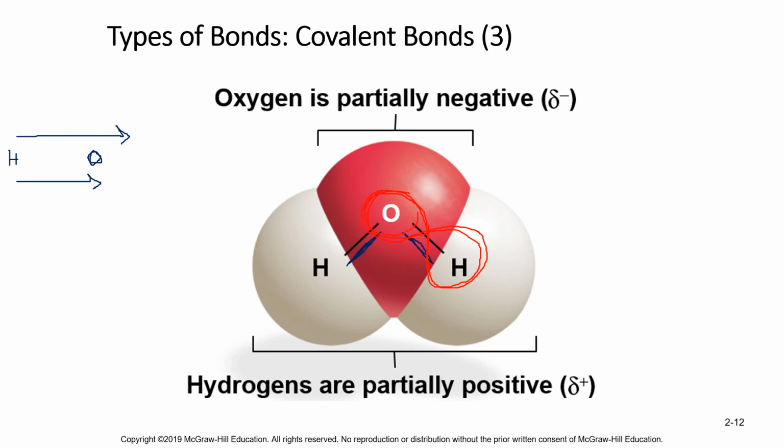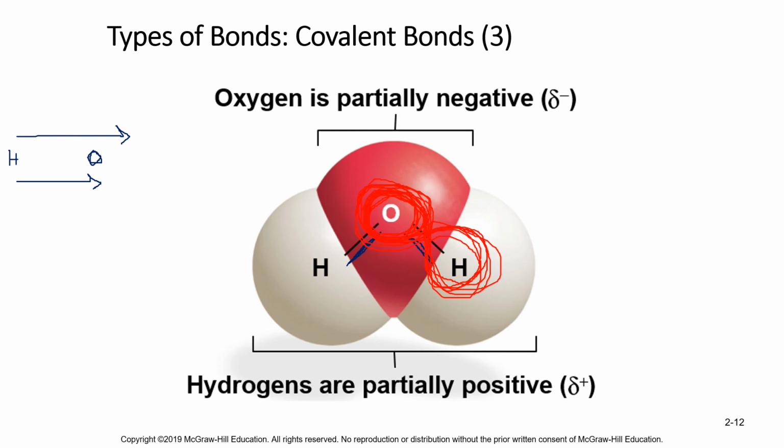So these electrons will spend more time around the electronegative atom than the electropositive one. So rotate a few times around oxygen, and then once or twice around hydrogen. So you get an unequal distribution.